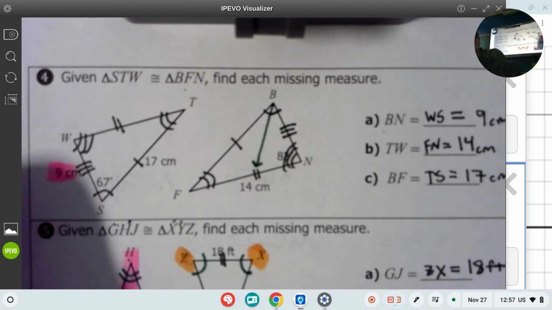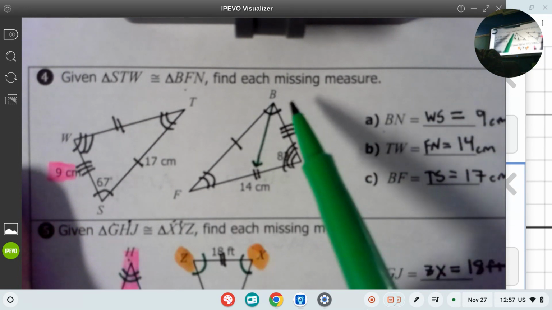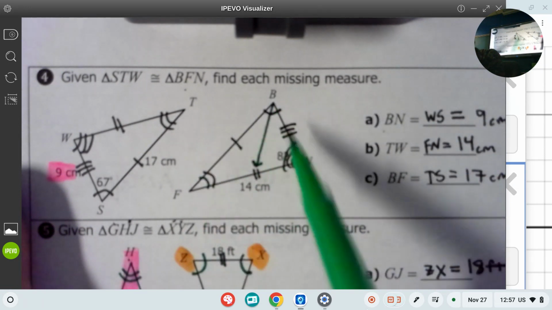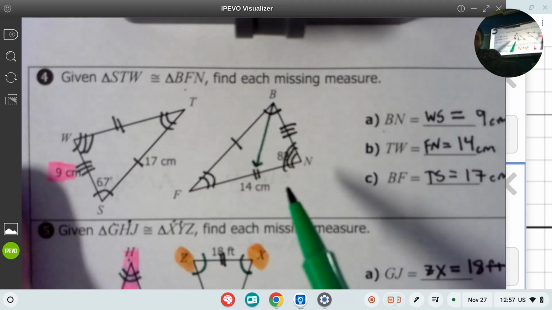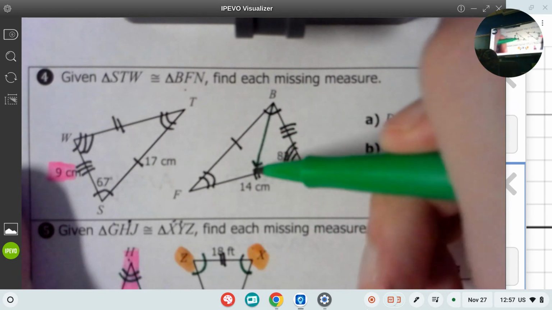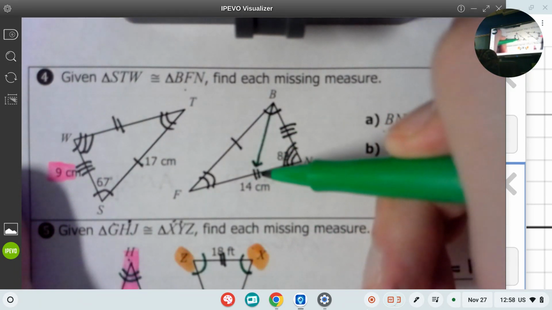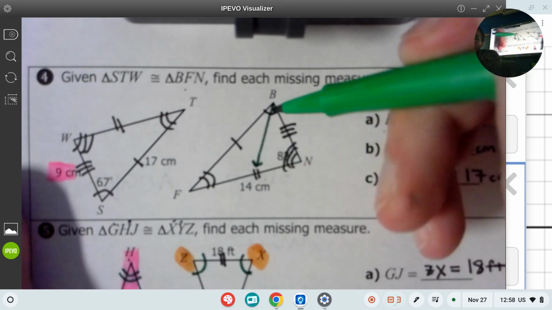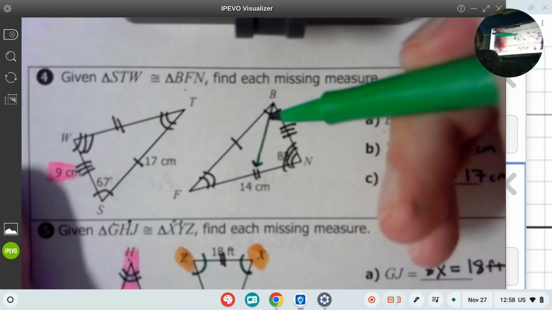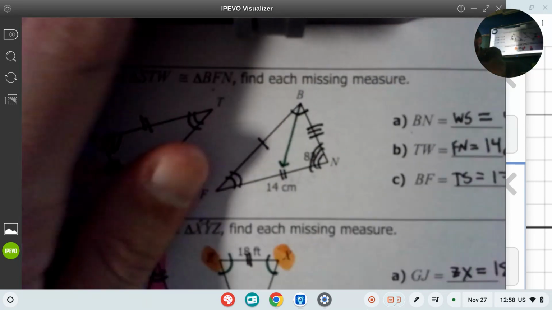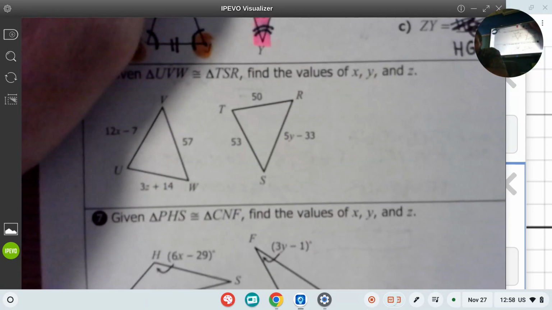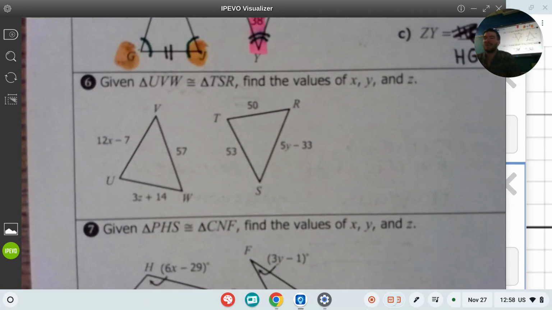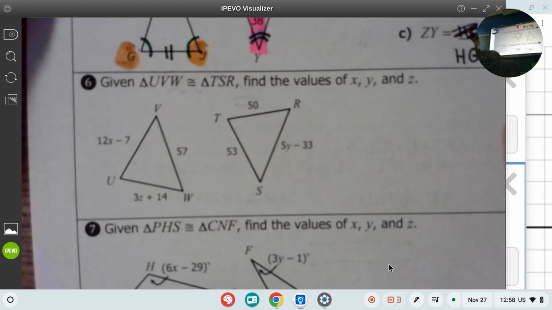And the best way to set this up, especially with a scalene triangle with all different sides, is to put the double slash side on the one that is opposite the double curve angle. So let's set that up when we do this one. There's no mistakes, but it is just a little bit neater.